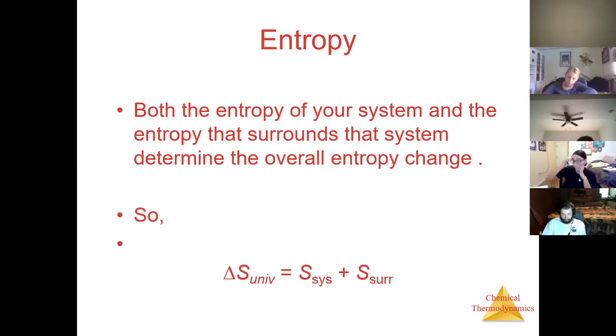Now, we have to define system. A system is whatever we're observing, and only that. The surroundings means everything else in the universe. So my change in S universe is going to be equal to my entropy of my system plus my entropy of my surroundings.